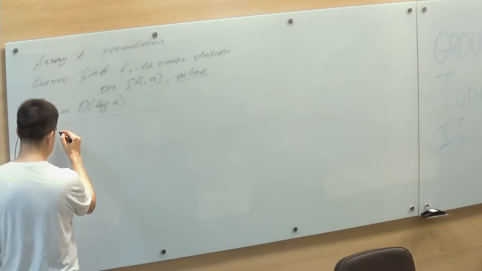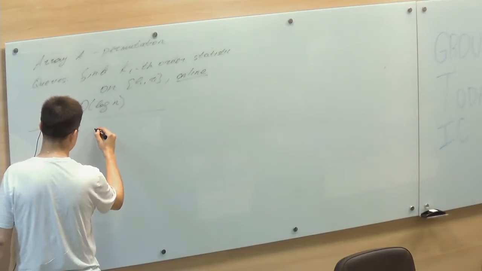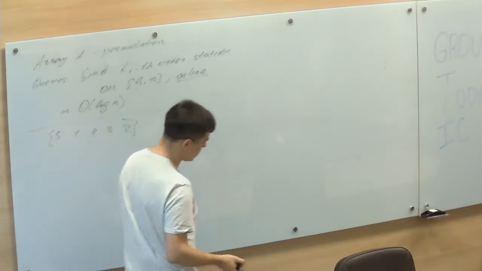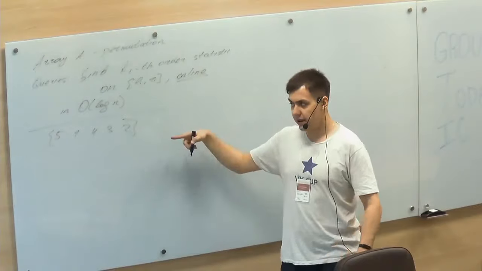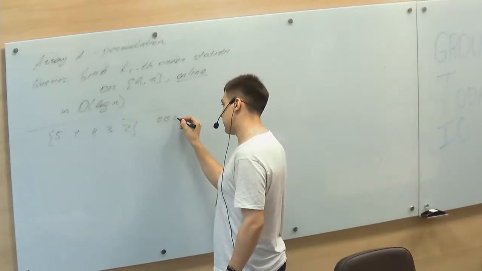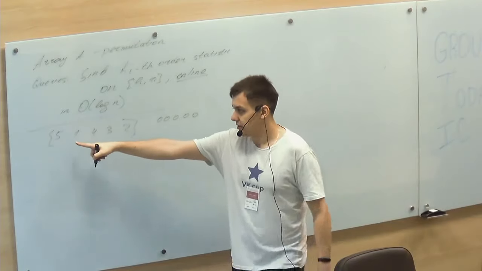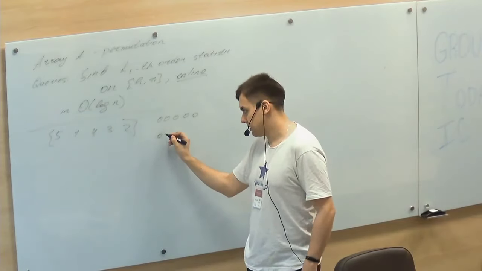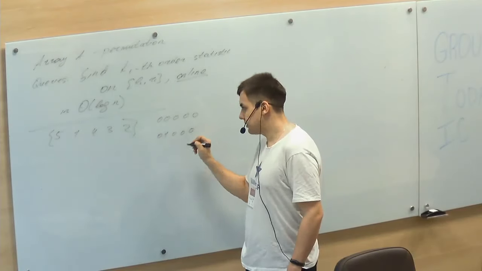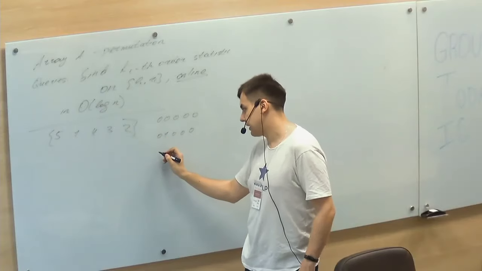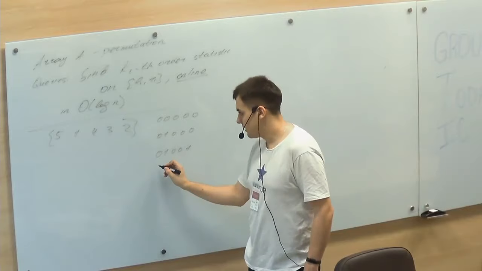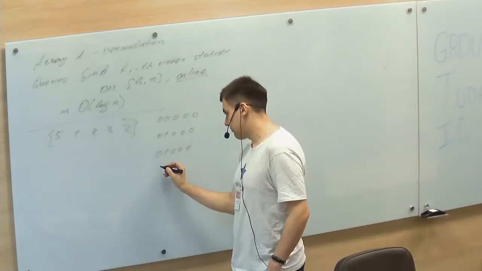So if I have array 5, 1, 4, 3, 2, I'll have a segment tree with 5 elements. Initially it's all zeros. Then I add 1, so I get 1, 0, 0, 1, 0, 0, 0. Then I add this 2, then I get 1, 0, 0, 1. Then I add 3, 4, and 5.